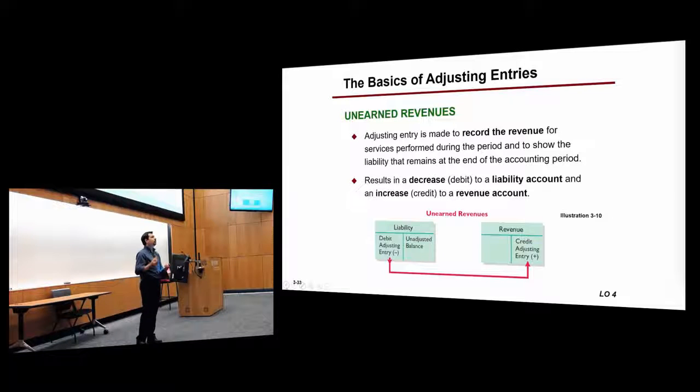That service has to be provided in the future, so that's a liability. Now, your obligation has decreased. When liabilities decrease, we debit that. So you debit unearned revenue and you credit revenue. Okay?